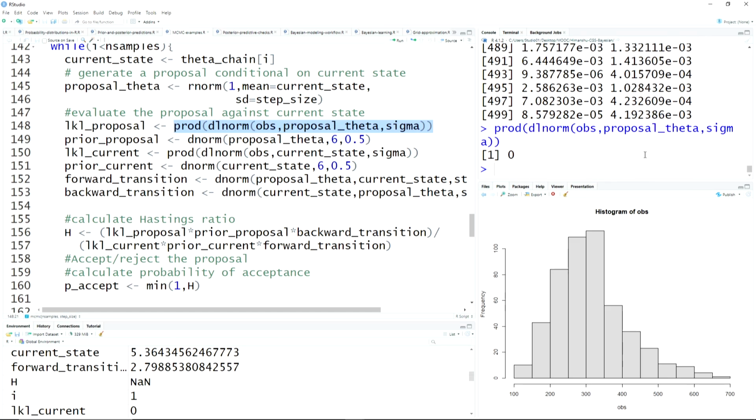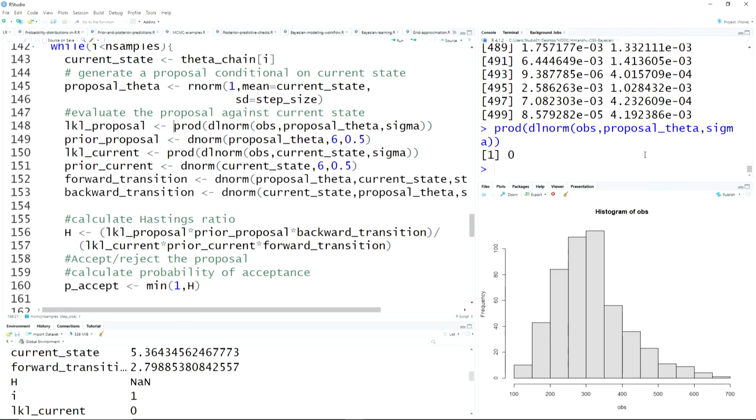If it goes below a certain number, it will give you 0. So this is happening because of the computational threshold of R, how low a number it can give you. If it cannot go lower than that, it will give you 0. So that's why this sampler wouldn't work if you had a lot of data points. Let's say even more than 50 data points, it wouldn't work.